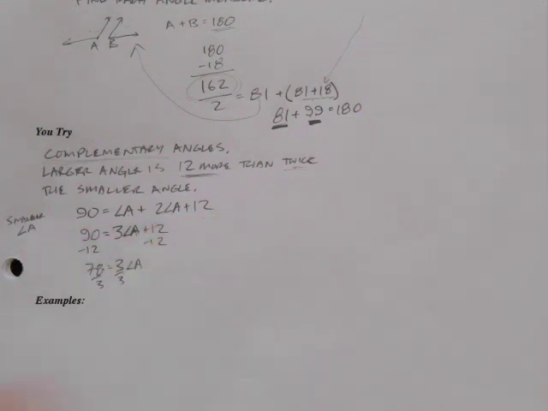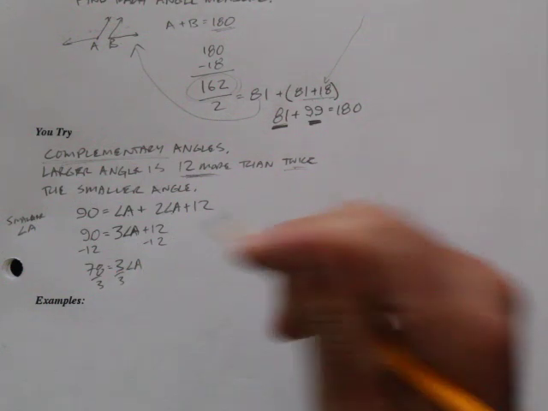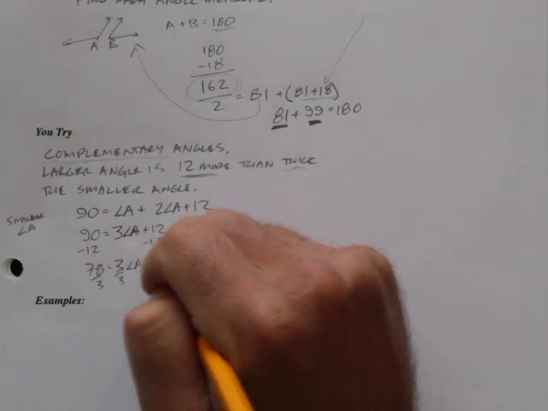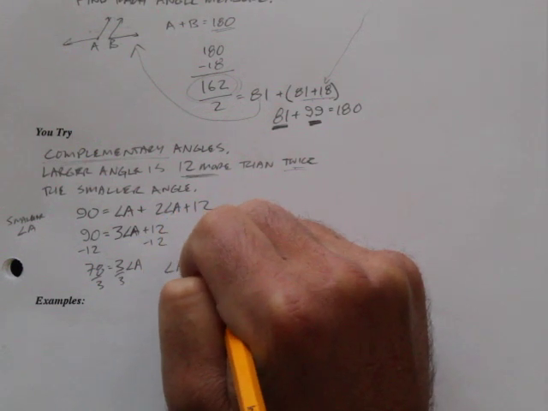Angle A then equals, what is 78 divided by 3? 26, right? Angle A equals 26.